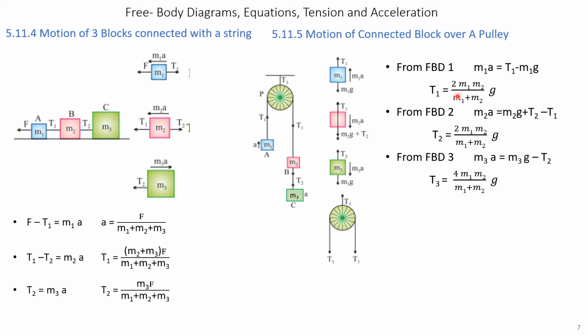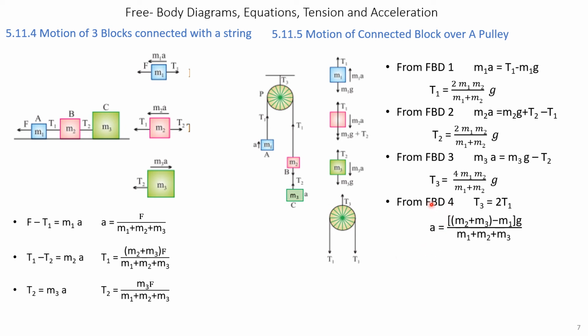See, the relationship or equation for tension you will get only after solving all the four equations, including free body diagram 4, that is the pulley. For the pulley, T3 is equal to T1 plus T1, that is 2T1, where T3 is upwards and T1 is downwards.